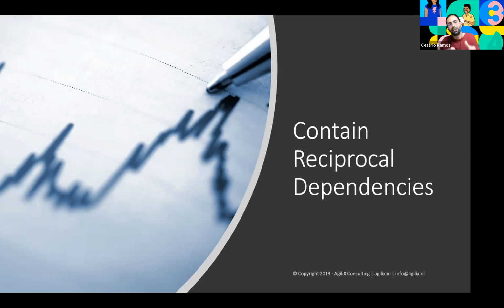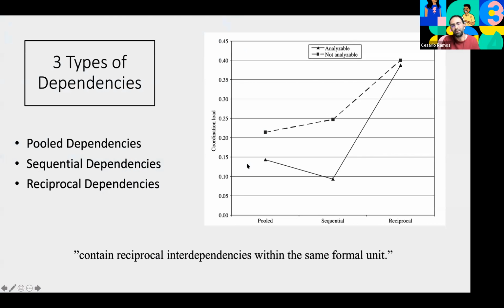So a unit A or a function A makes a decision, implements something that will affect a unit B. But then what unit B does will affect unit A again, and vice versa. Those are reciprocal dependencies, and these dependencies hurt the most, as you can see here in this graph, especially if the work that is being done is not analyzable, meaning product development, meaning software development.